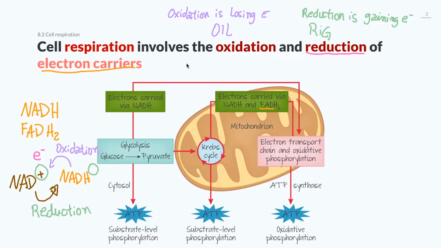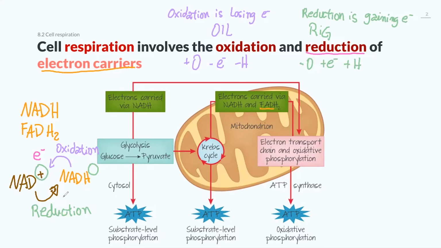Not only that, if you get an oxygen, well, that is oxidation. And when you lose hydrogen, that will also be oxidation. If you lose the oxygen, that is reduction. If you get electrons, that is reduction. If you get hydrogen, that is reduction as well.